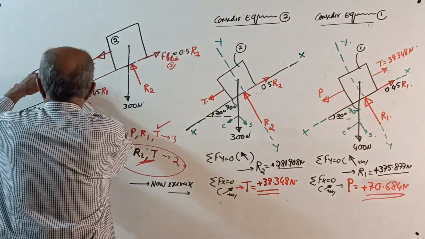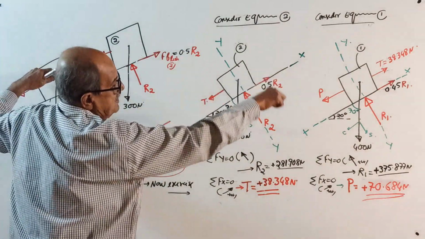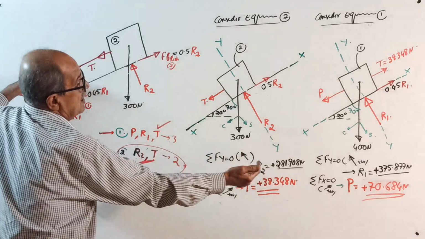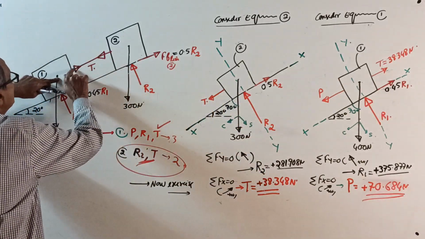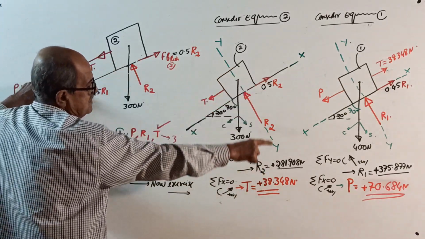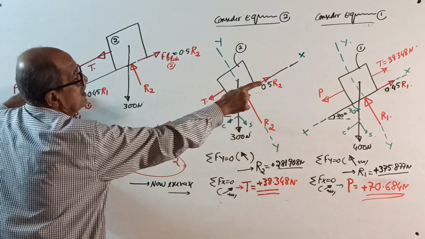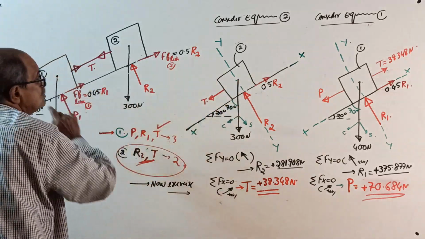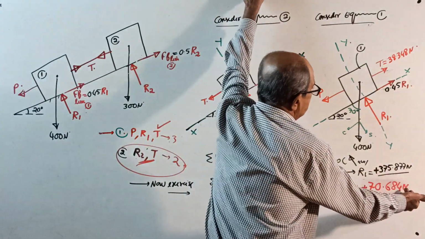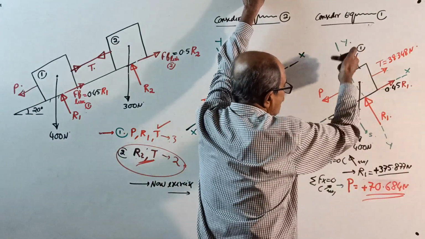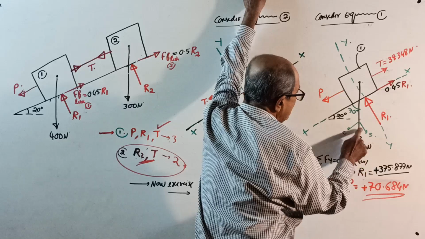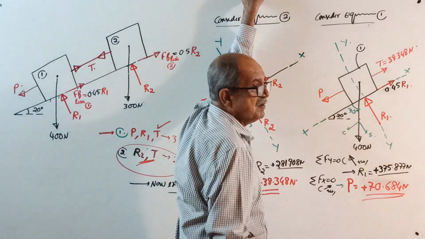See here, block 1. 400 down. R1, I marked there. Tension T, already known. How much? 38.348. Friction 0.45 R1. Unknown force P. Sigma Fy = 0: plus R1 minus 400 sine 70 equals 0, R1 will come.